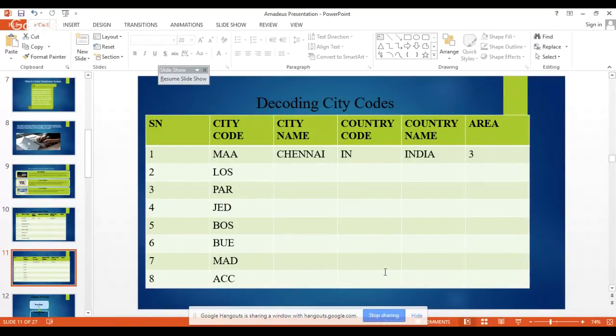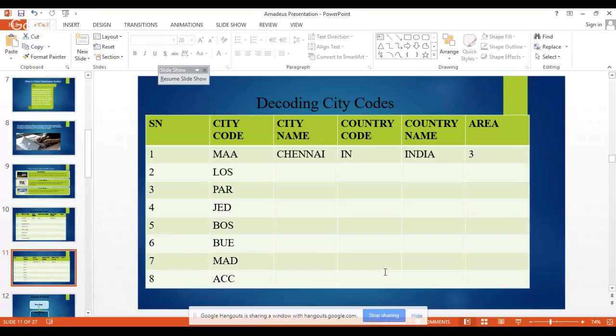Then the next one we'll be looking at is LOS. That is Lima Oscar Sierra. The city name is Lagos. Like I said, LOS is Lagos, not LAG, like people usually say. LOS, the city code, city name Lagos, country code NG, country name Nigeria, and the area, it's in area 2.